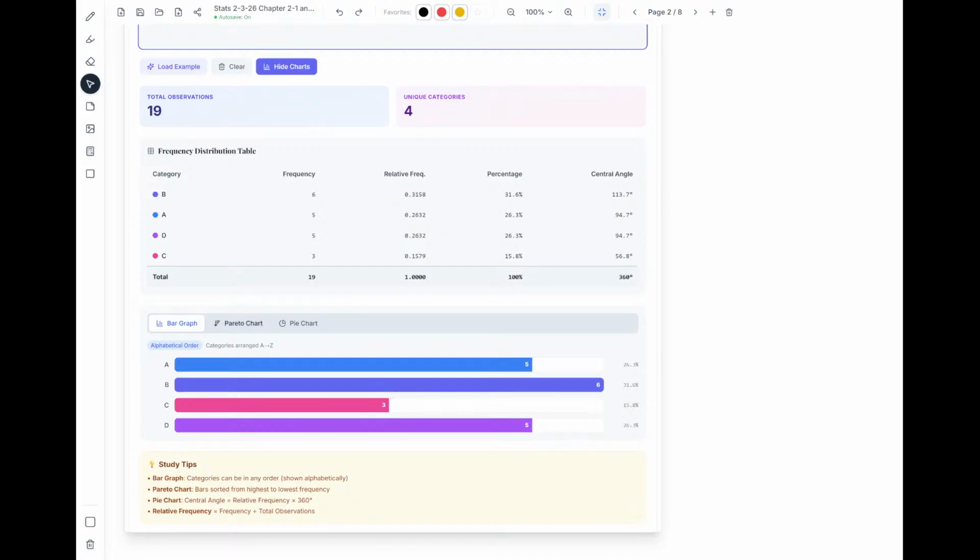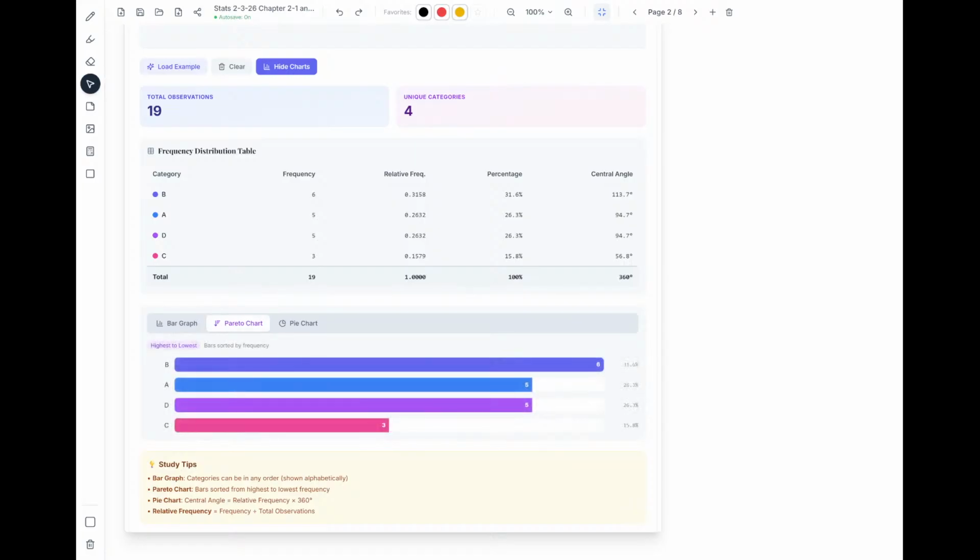The other type of graph is known as a Pareto graph, and I'm probably pronouncing it wrong. A Pareto graph is a bar chart, however it is in order of highest to lowest. So your bars will always be highest to lowest. A bar graph is typically organized by the data.